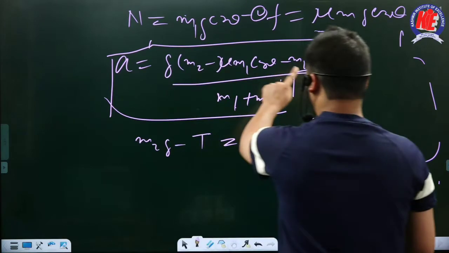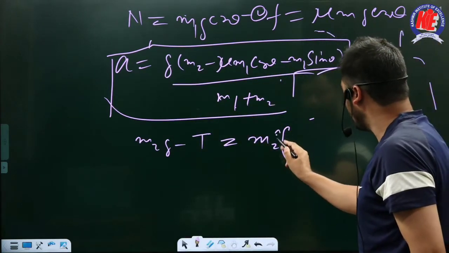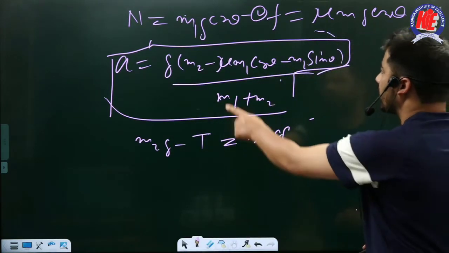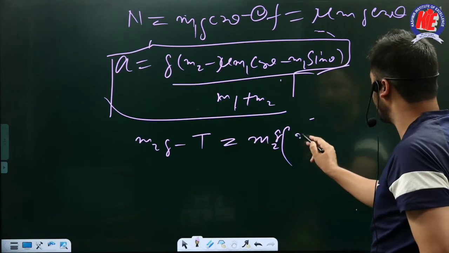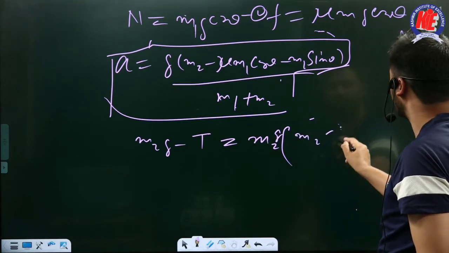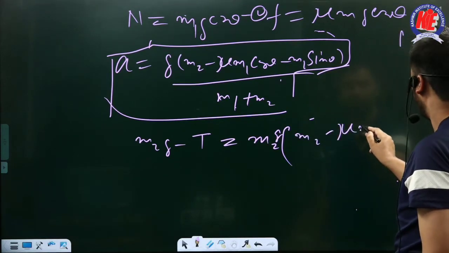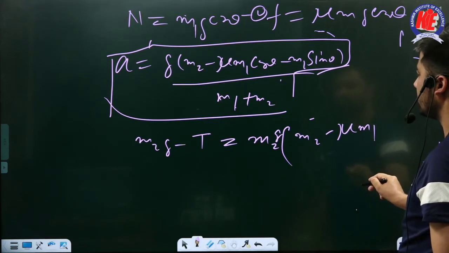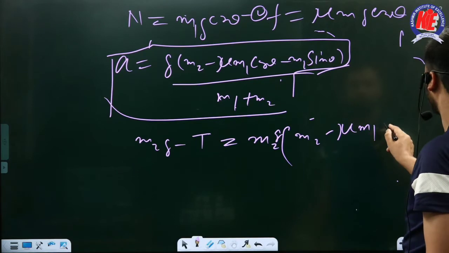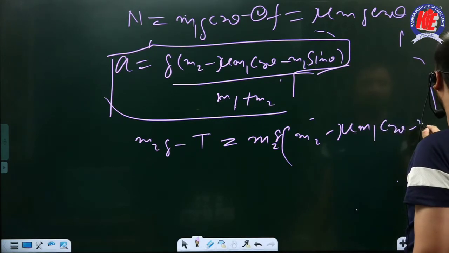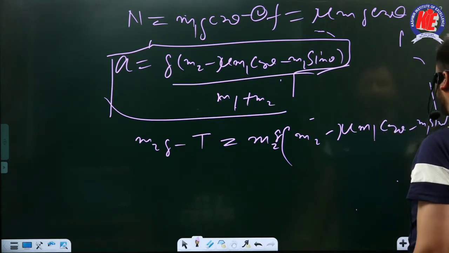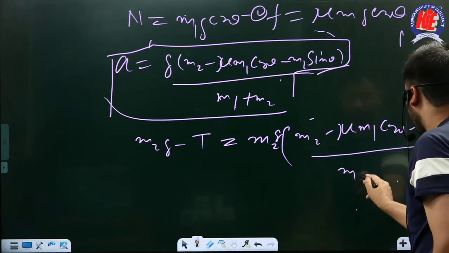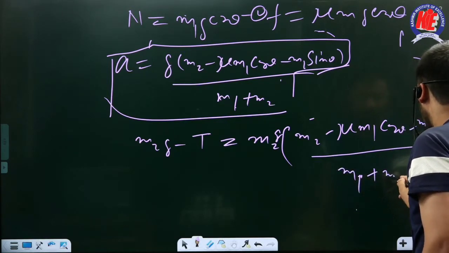Now what's the value of a here? It will be m2g times m2 minus mu m1 cos theta minus m1 sin theta upon m1 plus m2.